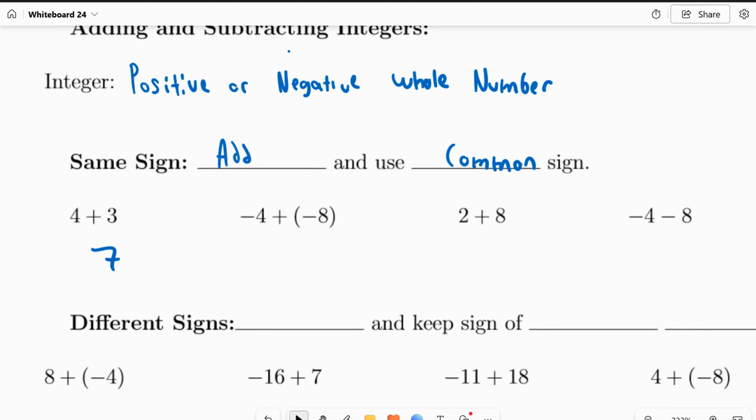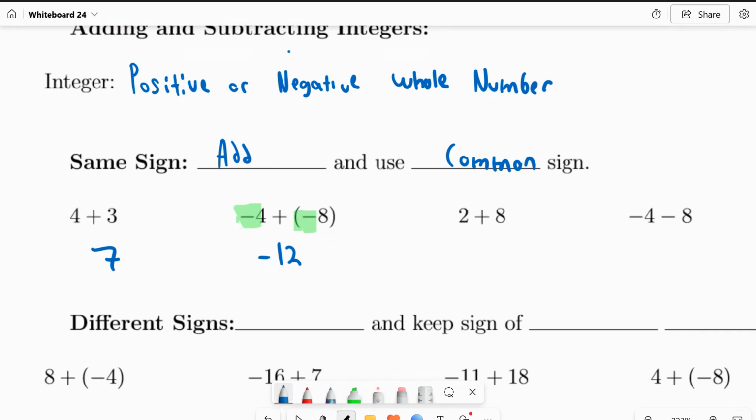In the second example, we're adding two negative numbers. As you can see, negative and negative. So what we're going to do is we'll ignore the negative sign. So we'll add 4 plus 8, which gives us 12.